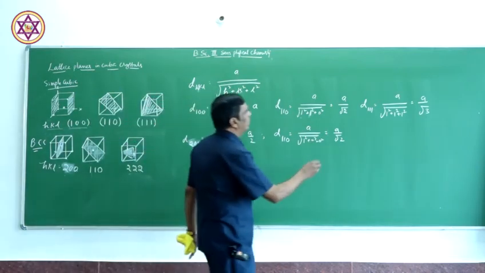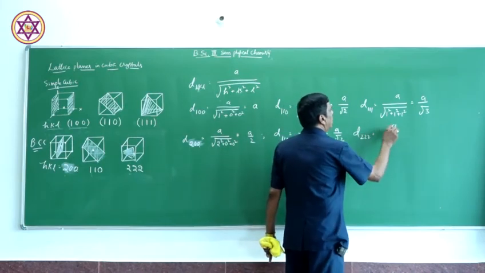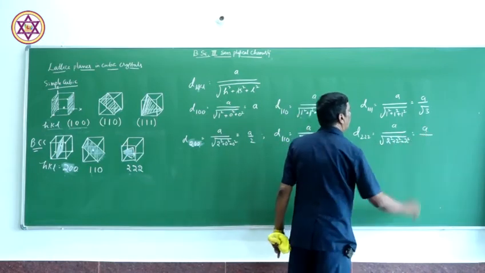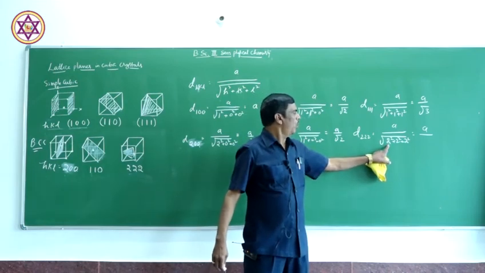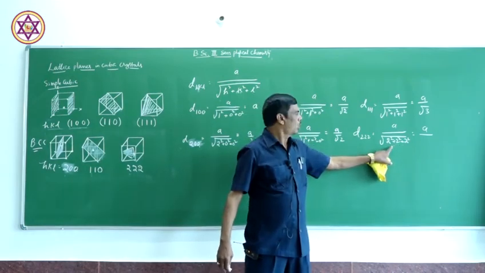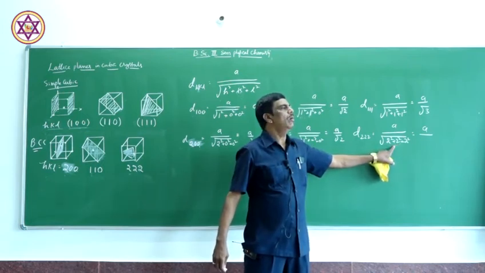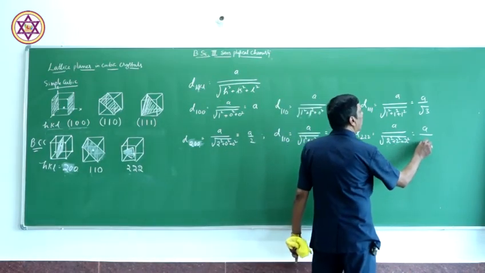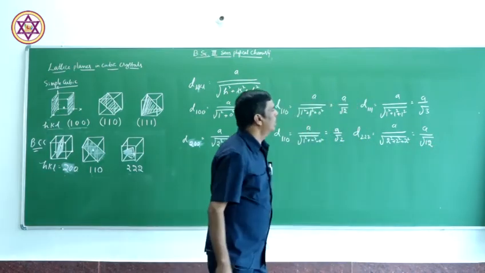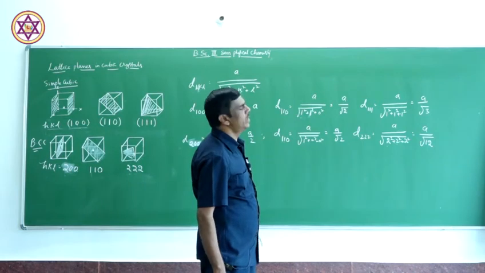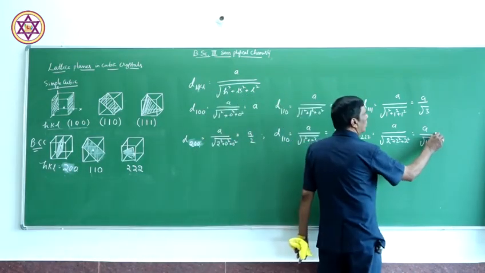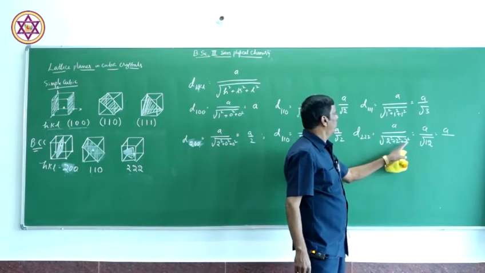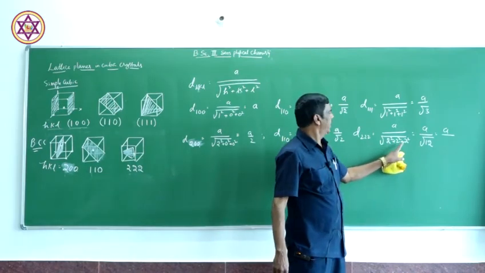And for the 2 2 2 plane, d_222 is a over square root of 2 square plus 2 square plus 2 square, that is a over square root of 4 plus 4 plus 4, which is 12.